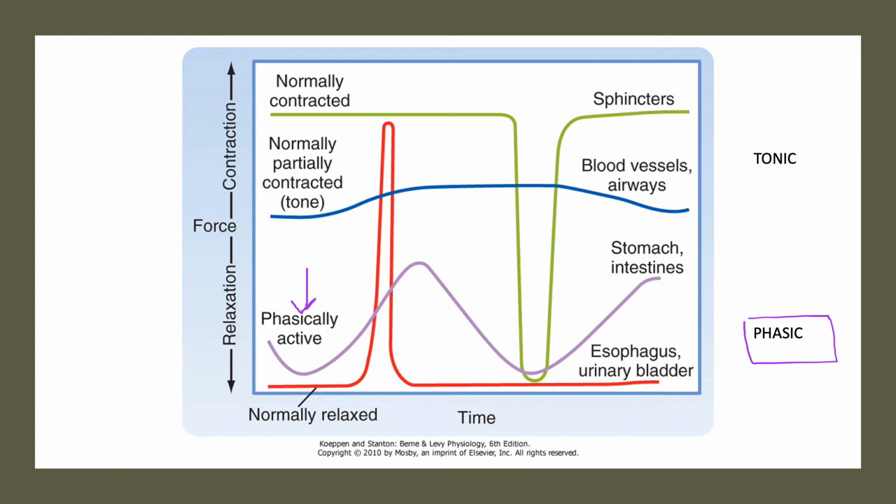So phasic smooth muscle commonly exhibit these rhythmic contractions that we see here. For example, we'll see these within the gastrointestinal tract. So for things like the stomach and the intestines, the smooth muscle there is abundant within those hollow walls of those organs, and that's going to move the contents through them.